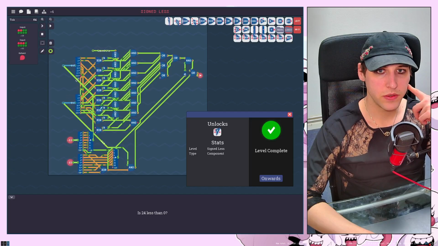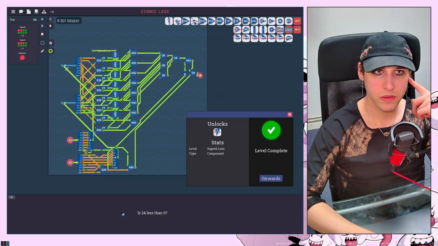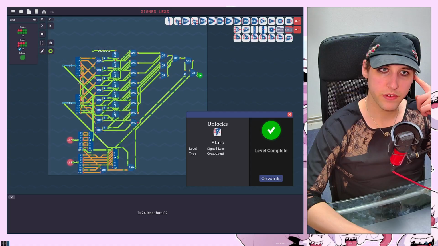I feel like we should use a MUX. Because in theory, when this part of the circuit, like these should be the same, right? These should give us the same output.